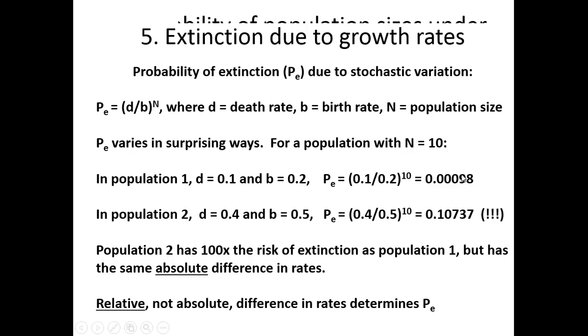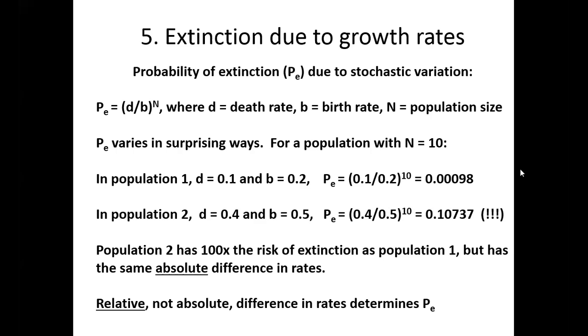There's a 1 in 10,000 chance that a population with these birth and death rates will go extinct in a given year. So hey, that's not terrible. It's a 1 in 10,000 chance that you won't still have 10 individuals next year. But let's look at a higher birth rate and a higher death rate with the same population size.